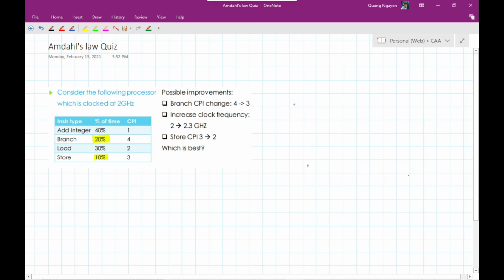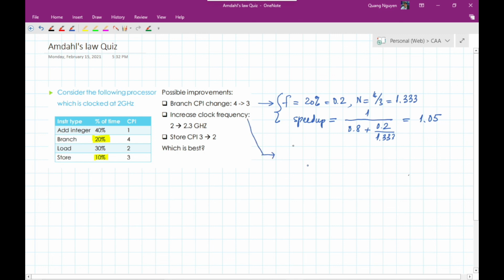This is my solution. For the first circumstance, we change the CPI from 4 to 3. F in this case is 20%, equal to 0.2, and N equals 4 over 3, which is 1.333. So the speedup in this case is 1 over (0.8 plus 0.2 over 1.333), and this equals 1.05.